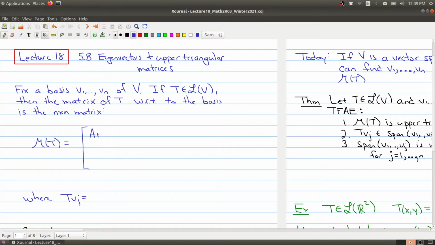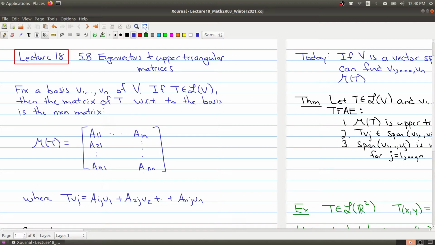So we have A11, here we have A21, and so on, all the way down to AN1, all the way over this way to A1N, all the way down to ANN. This is going to be a square matrix because we're mapping from V to itself. And we have that T V_j is given by A1j V1 plus A2j V2 all the way down to Anj Vn.